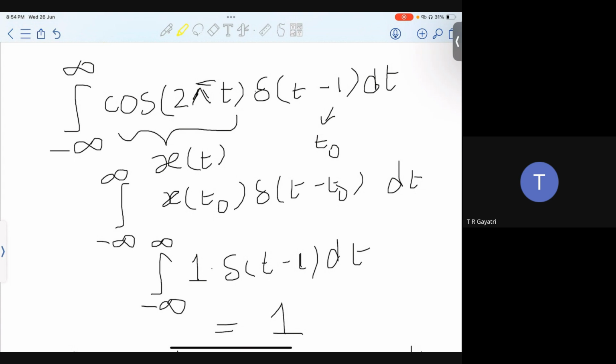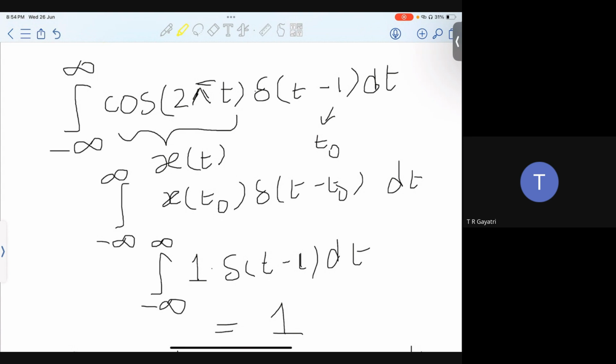And if you're given a scaled or shifted version of the signal, how to go back. Make sure you are comfortable going from x of t to x of at plus b, and from x of at plus b to x of t.